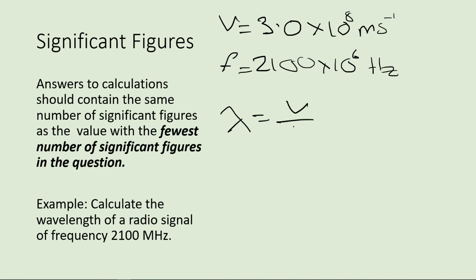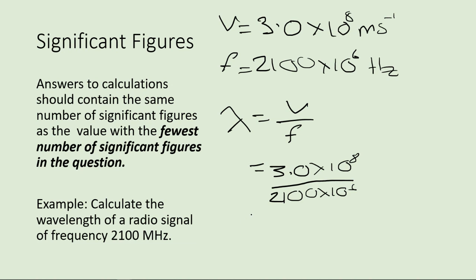So it's v divided by f, which is 3.0 times 10 to the 8 divided by 2100 times 10 to the 6, which is, where's my calculator gone?